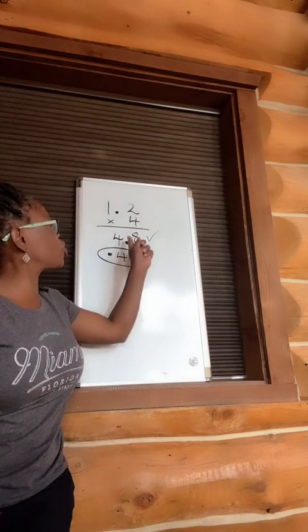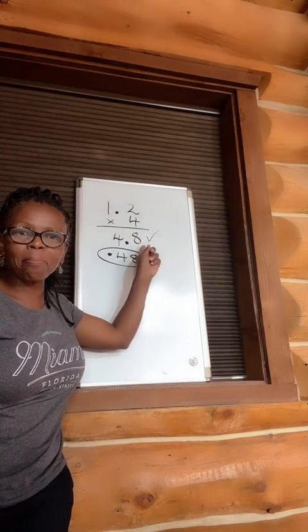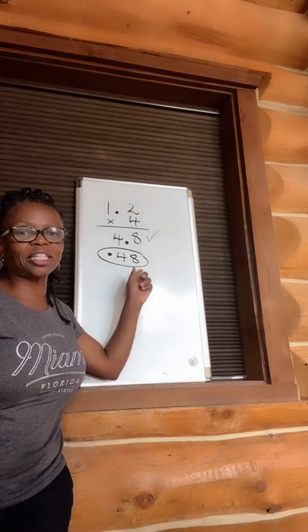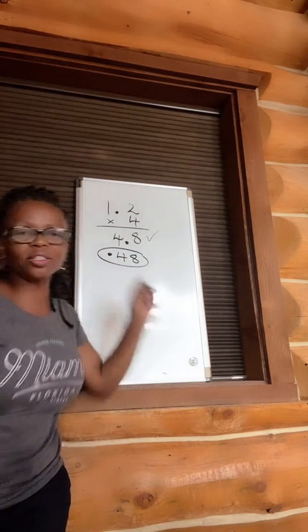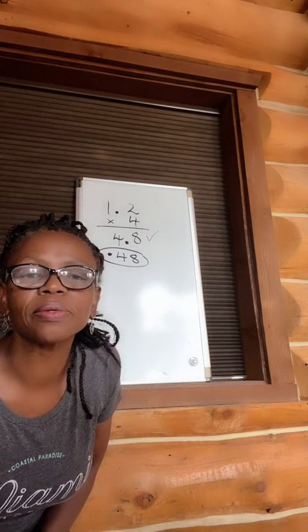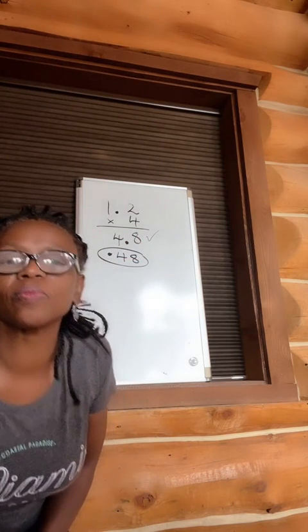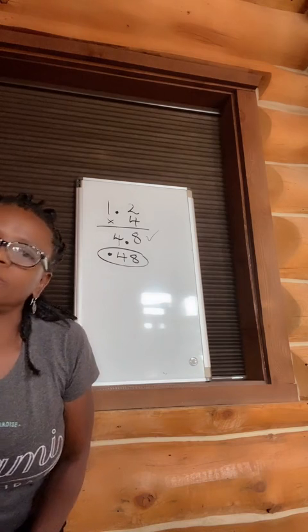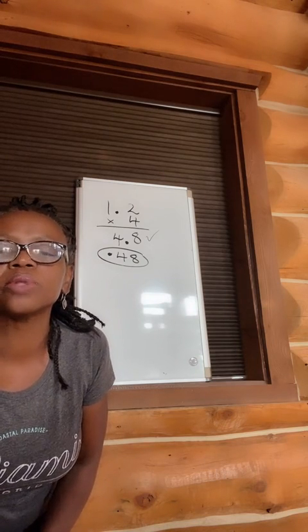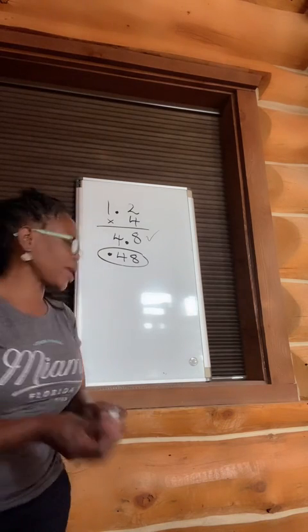So our answer must also have 1 number after the decimal point. Here there are 2 numbers after the decimal point, and this is not correct.